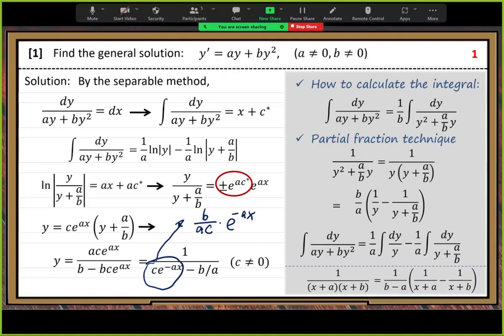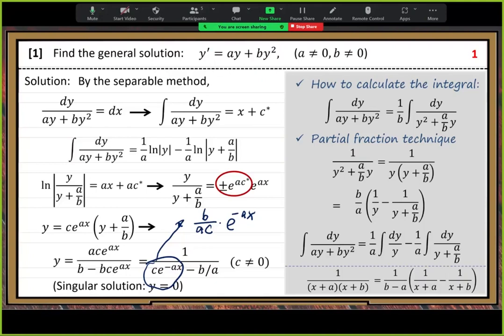Then, let's review the singular solution another time. Refresh your memory: y equals 0 is a solution. Can you see that y equals 0 is just a singular solution of this equation? Let me ask you this question again.